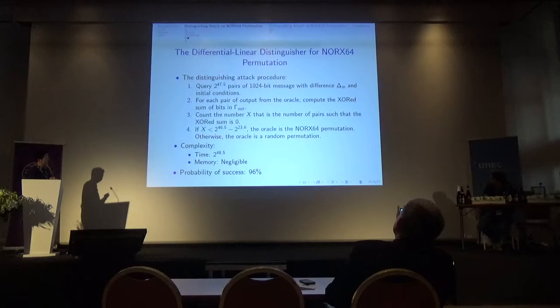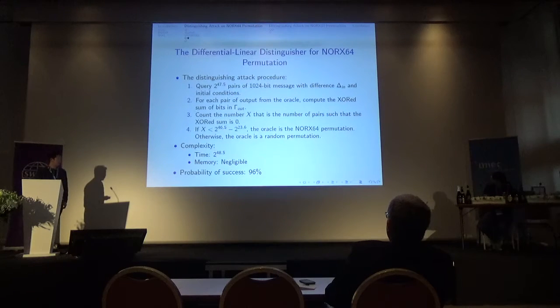Then we compare this value to a critical value. If this value is smaller than the critical value, then we conclude that this oracle is the NORX permutation. Otherwise, we think it's a random permutation. The complexity is 2^48.5 time and negligible memory. The probability of success is 96%.